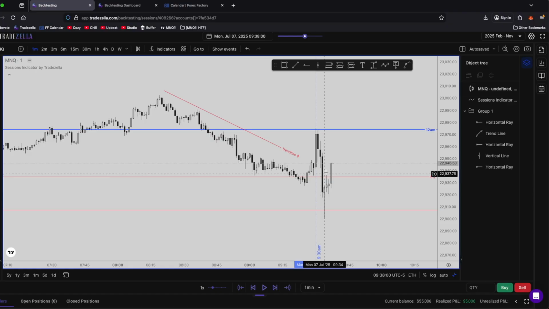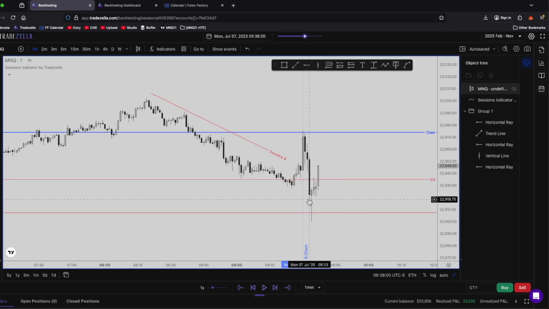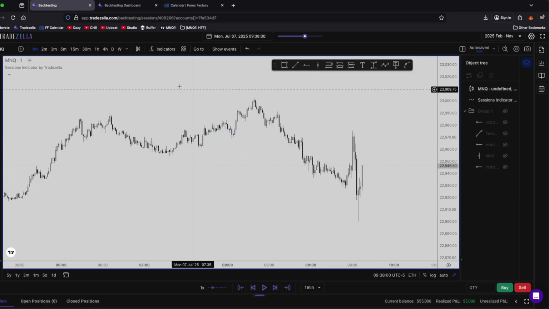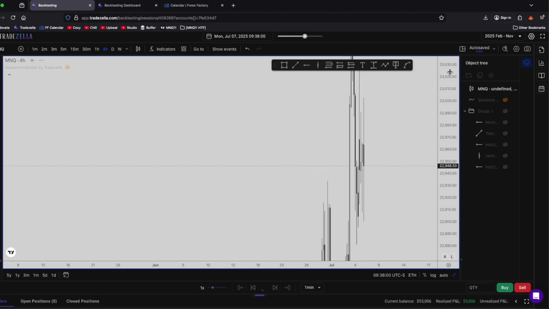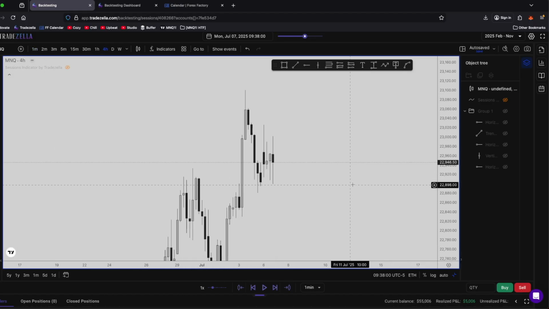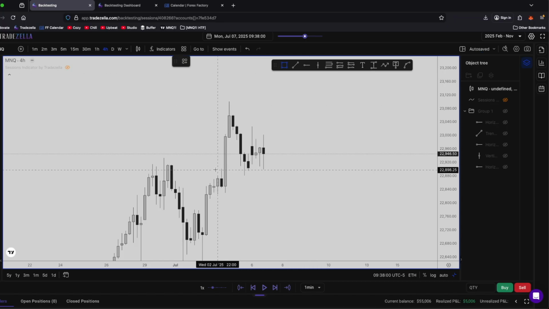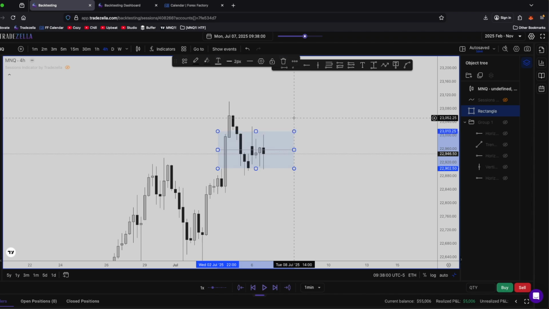Okay, interesting. So it made a nice little inversion after a liquidity grab. 937 is still inside the macro. So here the pattern appears, but doesn't make any sense with bias and narrative. 4 hour is consolidating in this fair value gap here.